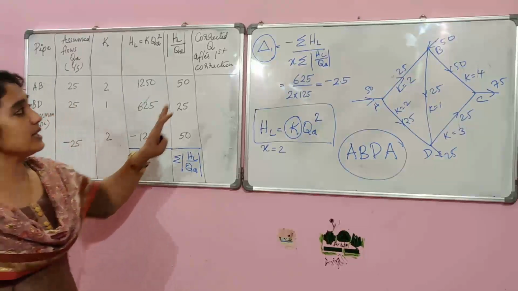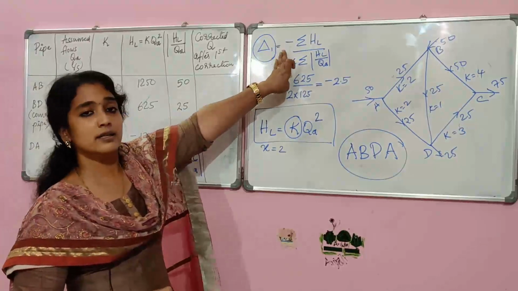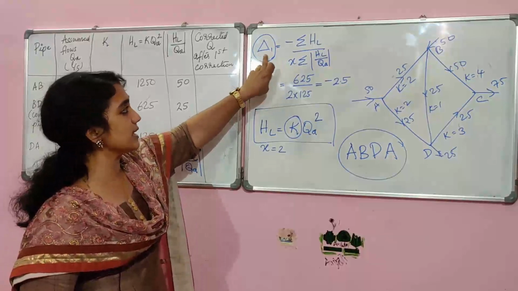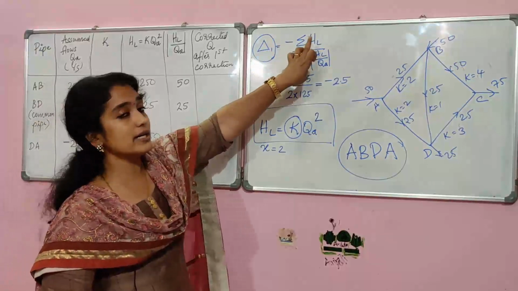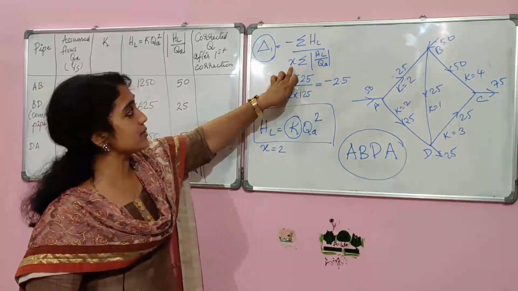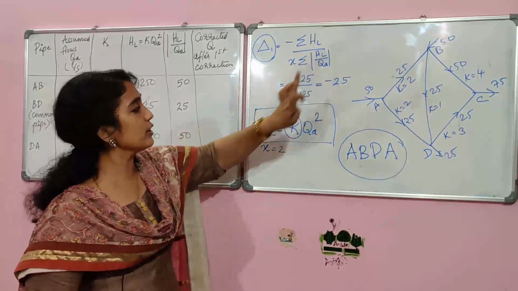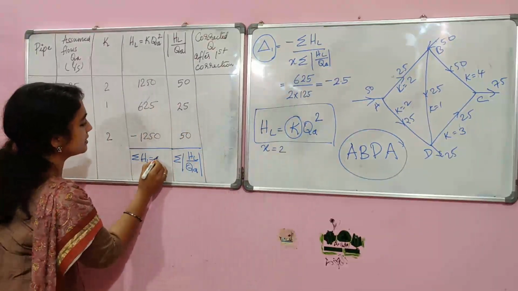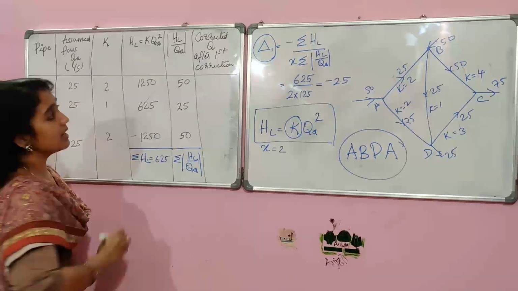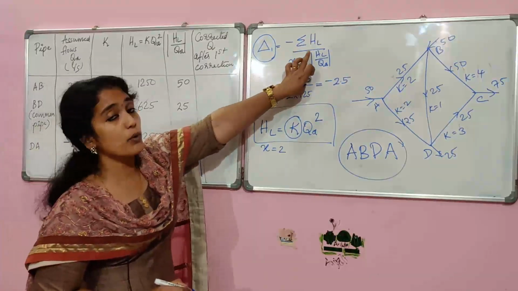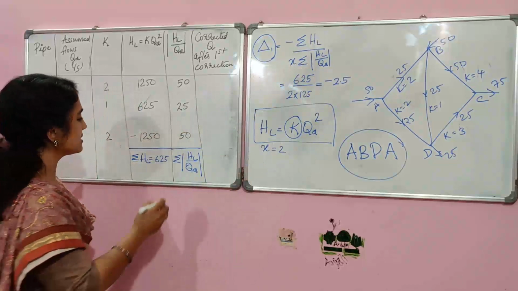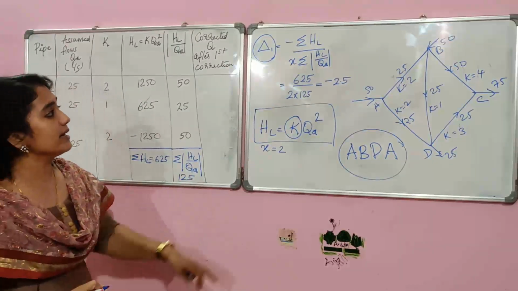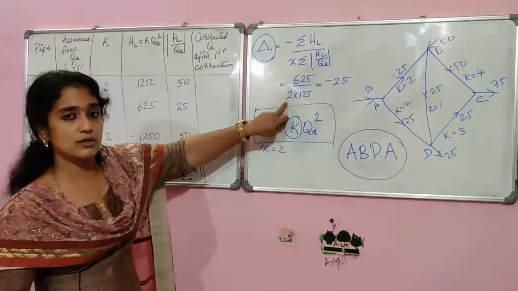Then substituting in the equation for the correction, that is the first correction, delta 1 equals minus sigma HL divided by x into sigma mod of HL by QA. These are the values. Sigma HL is here 625, mod of HL by QA is 125, and x value is 2.